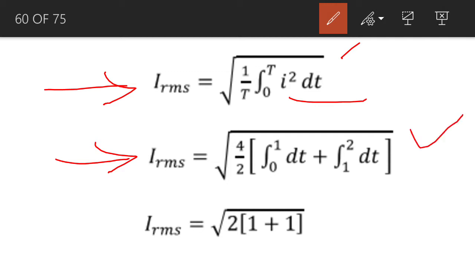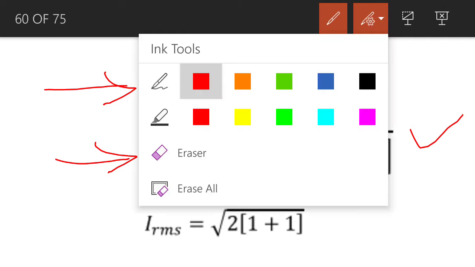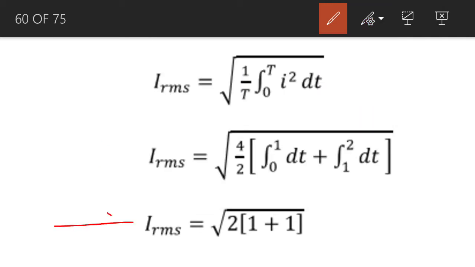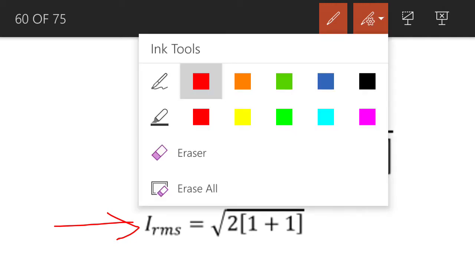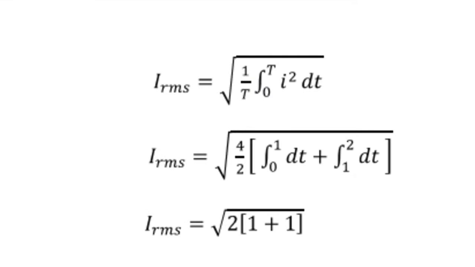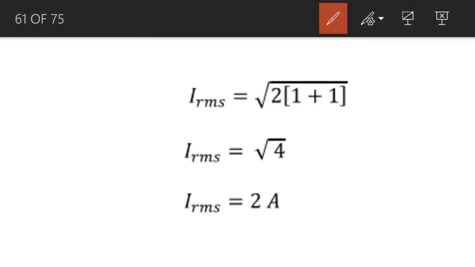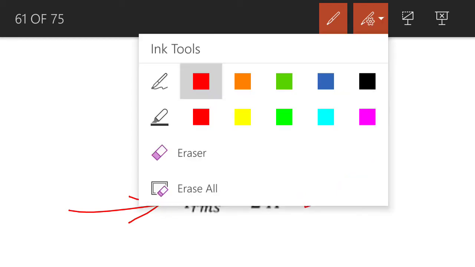If we simplify this equation, the root mean square value of this time varying current, this is not an AC current by the way, will be equal to 2 into 2. So this is another numerical example, and the root mean square value of this time varying current is 2 ampere.